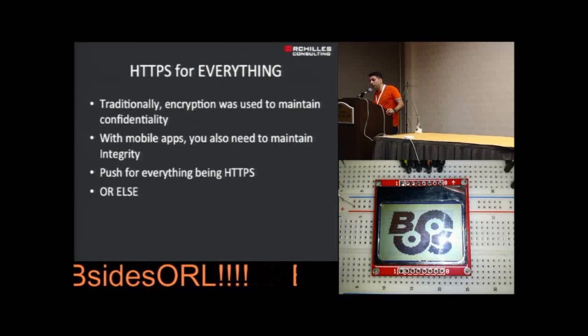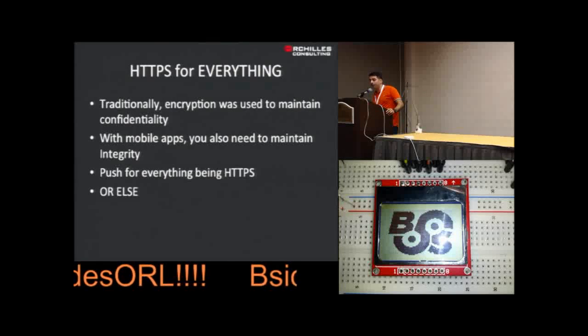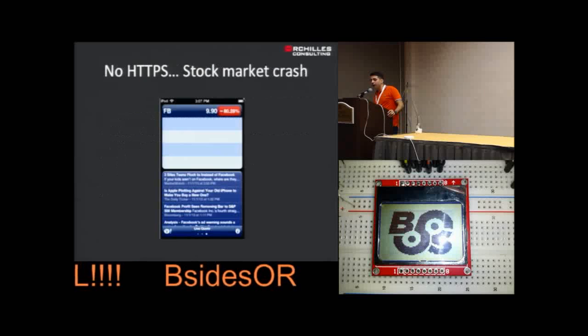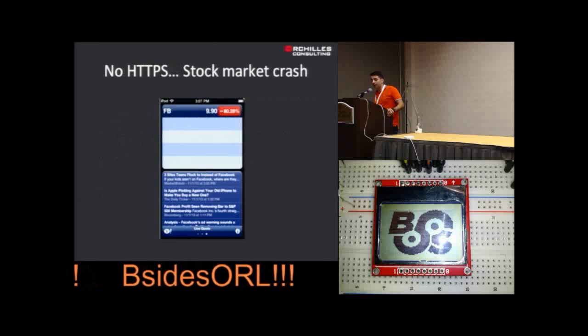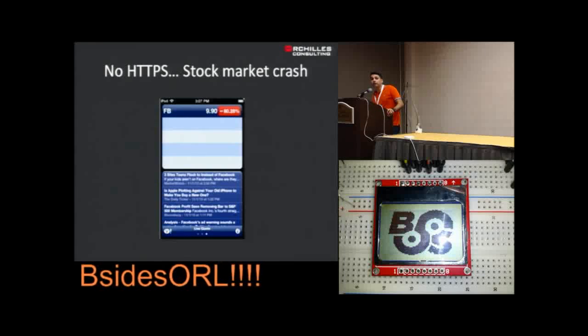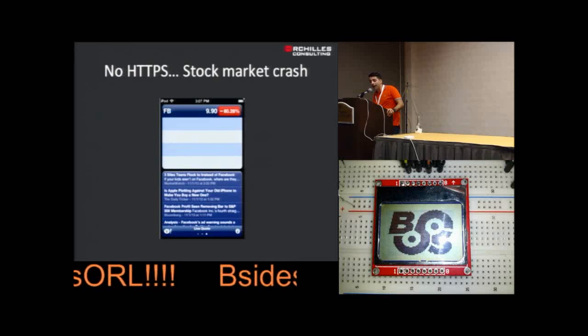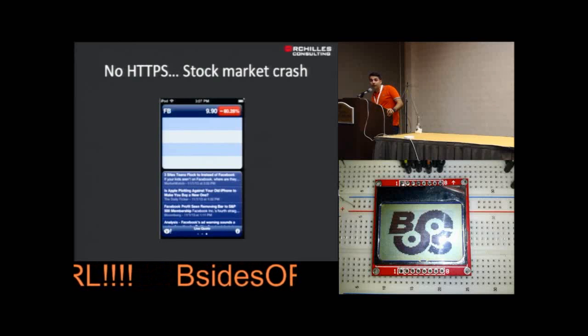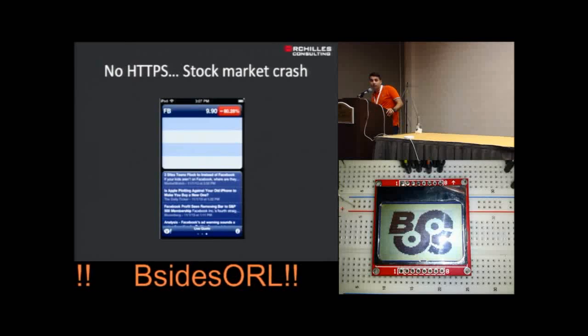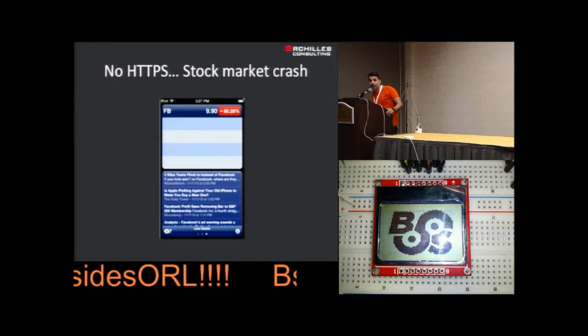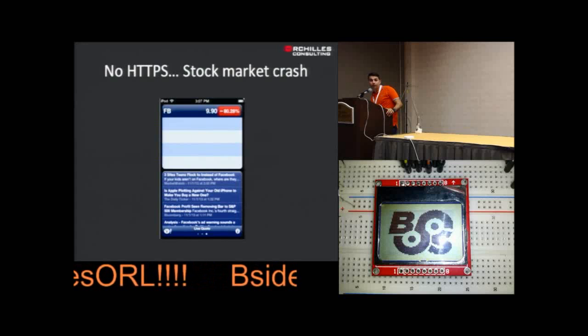Let me just show you an iPhone app, which was the easiest one I was able to code up before this talk, that doesn't use HTTPS. It sends a request for Facebook stock from a couple days ago, and I replied saying it's at 9 points. If you follow Facebook stock, it's not at 9 points. That would mean it dropped 80% in one day. That would freak you out, right?